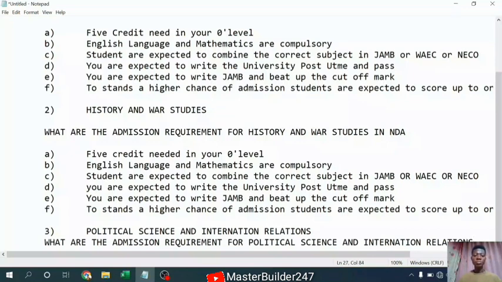What are the admission requirements for political science and international relations? So it's almost the same. So what I'm going to do is copy this instead of typing all over again.